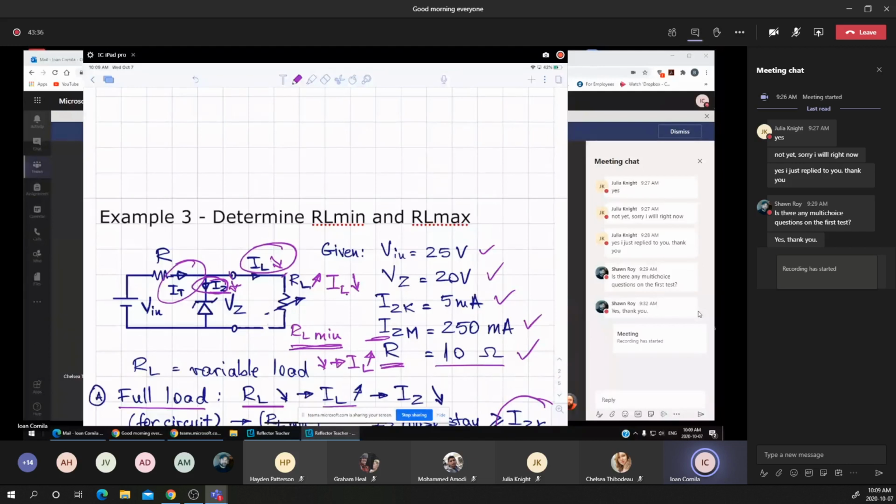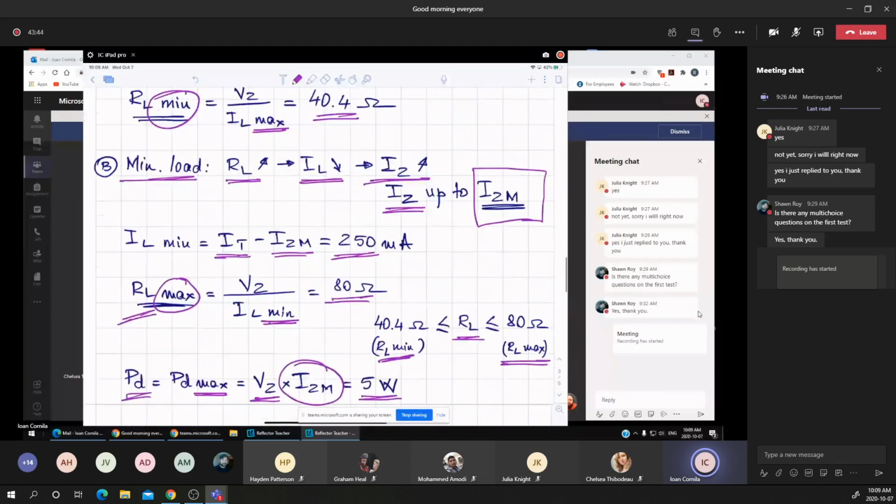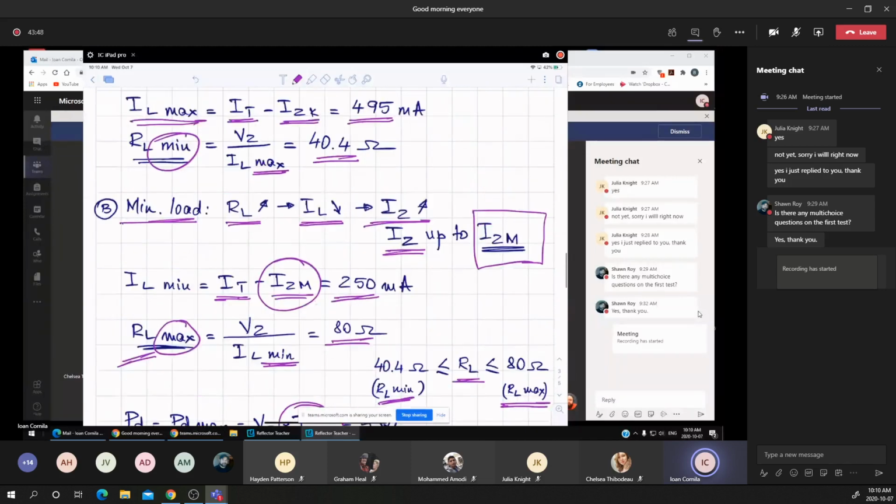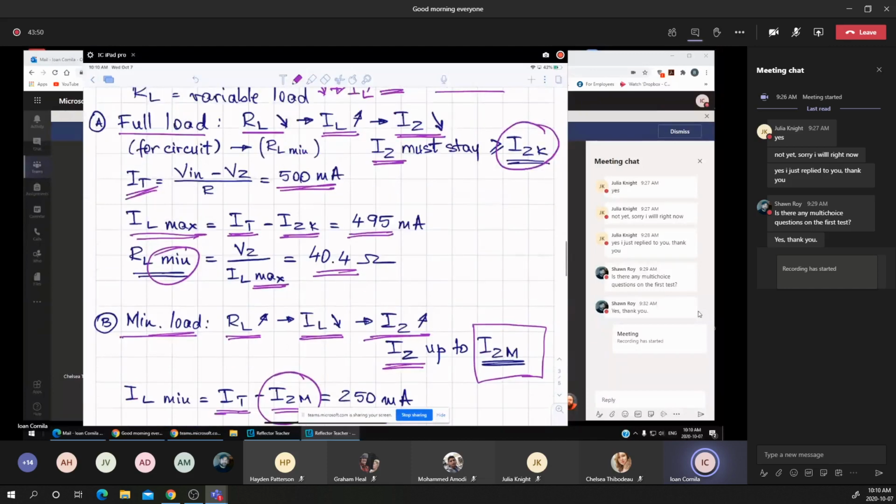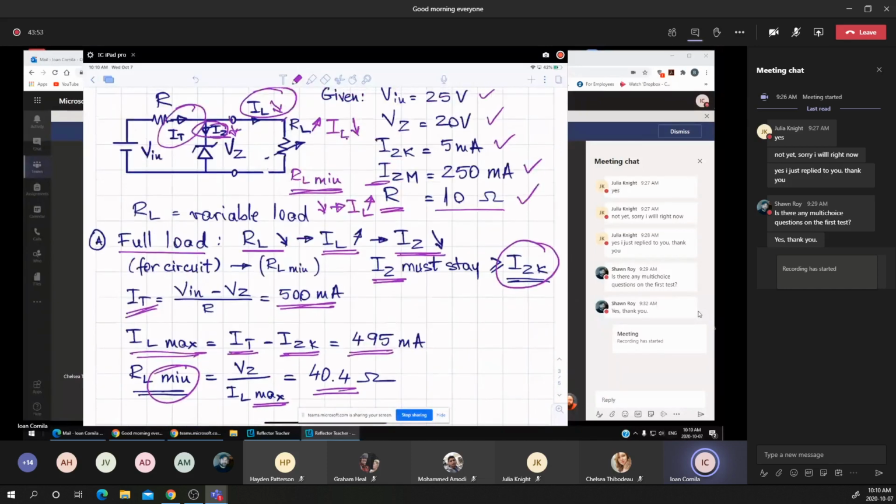Now, the question is, suppose that I'm exceeding the IZ max, what is going to happen with the diode? It will dissipate more power, which means that it will overheat, it will burn, or it will actually destroy the Zener diode.